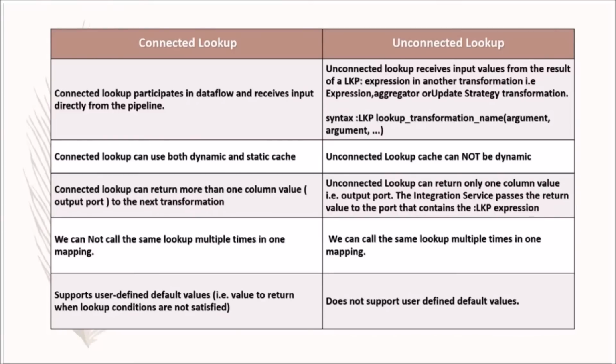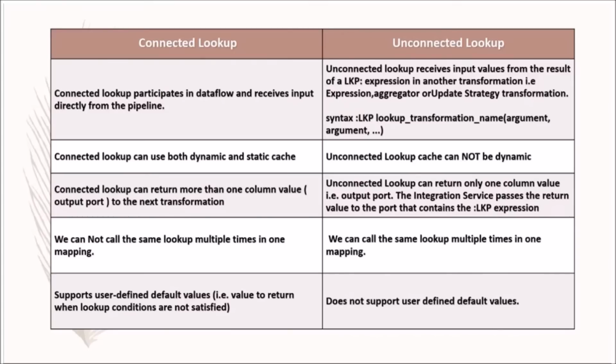Let's come to the fourth point. For a connected lookup, we cannot call the same lookup multiple times in one mapping. If we use an unconnected lookup, then we can call the lookup multiple times in the same mapping. So it is nothing but the reusability concept.